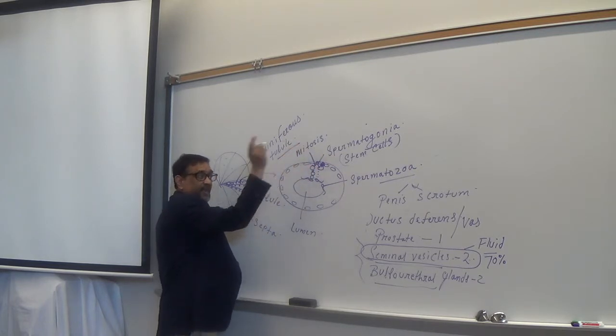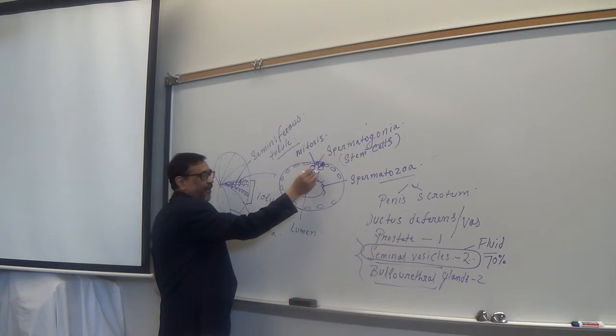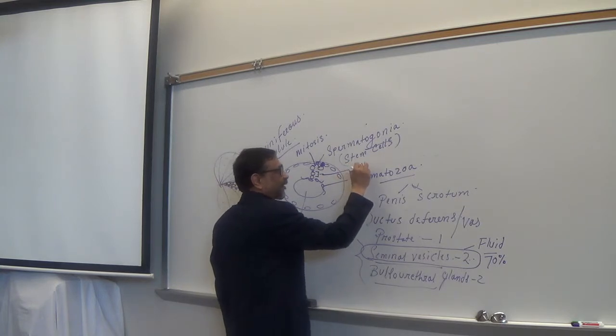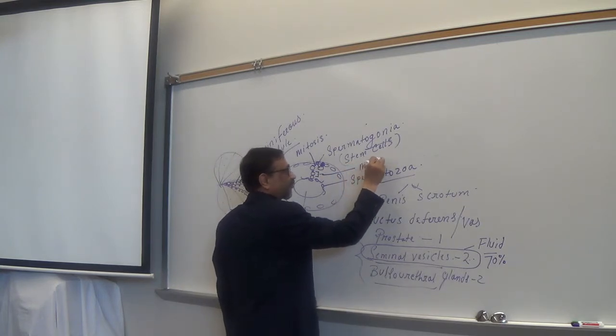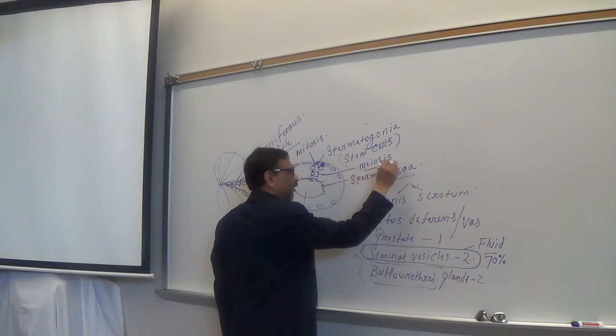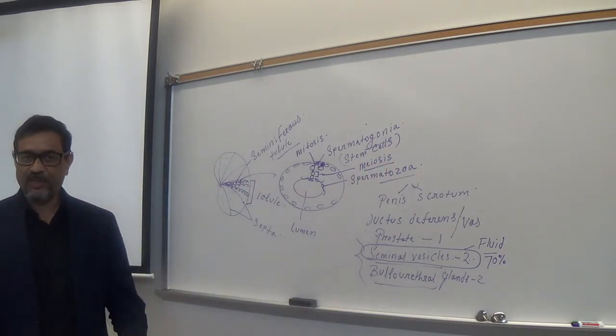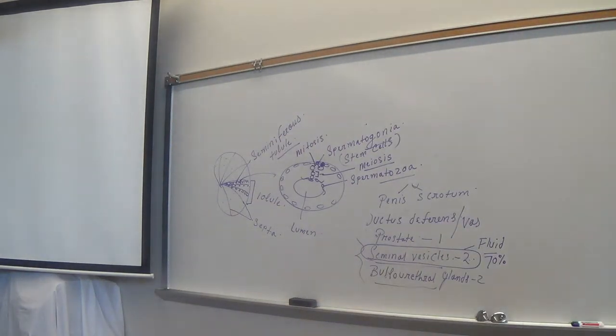Mitosis. Now, this is very important. After mitosis, another type of cell division occurs, that is meiosis. So during production of sperm, first mitosis occurs and then meiosis.